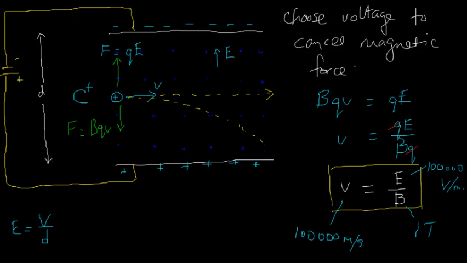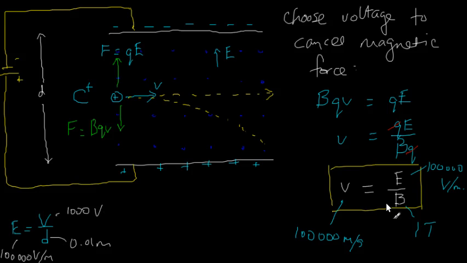So for example, how we might choose this E to be 100,000 volts per meter. Let me think of a reasonable value for this distance, like maybe 10 centimeters, so 0.1 meter. So my voltage must be, say, that makes it harder. Let me say 1 centimeter. Then my voltage must be 1,000 volts or 1 kilovolt. So something that is achievable.